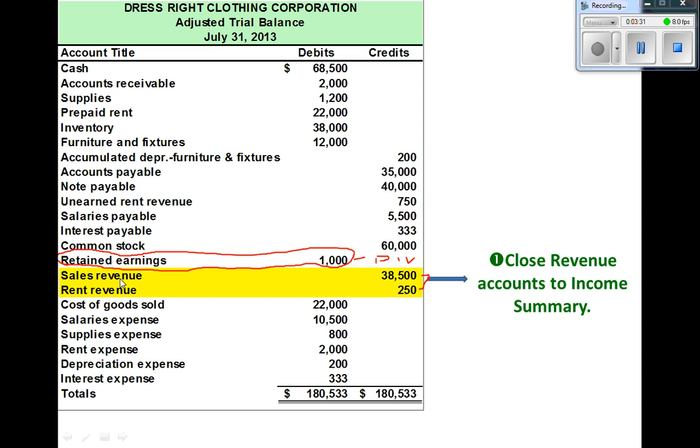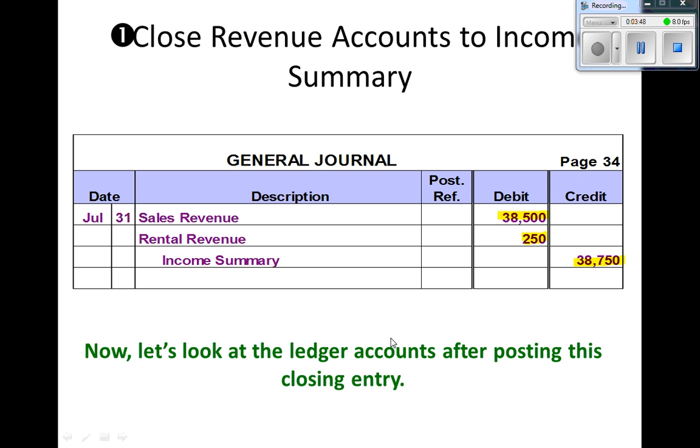The first thing we're going to do is close out our revenue accounts. Here we have 2 accounts, an operating revenue account, sales revenue, and we have rent revenue from subleasing some of our space. Both of these revenue accounts carry a credit balance, so to bring their balances down to 0, we debit their account by the balance prior to closing.